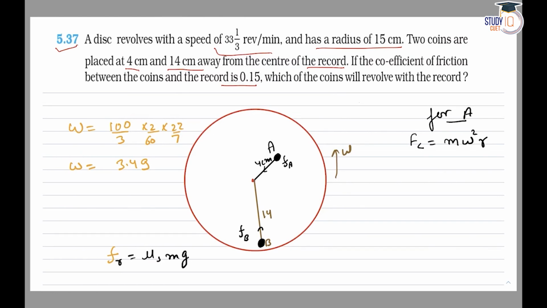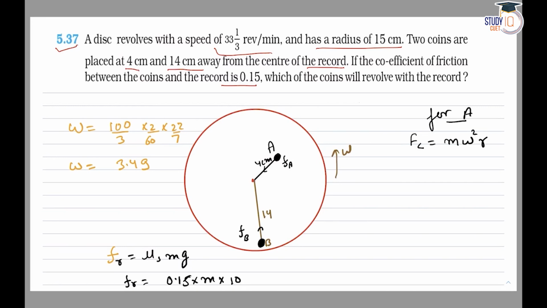The value of mu s is 0.15, so the frictional force is 0.15 into mass m into g, and the value of g is 10. So the frictional force is equal to 1.5 into mass m Newton. This is the frictional force which is acting on the two given coins A and B.